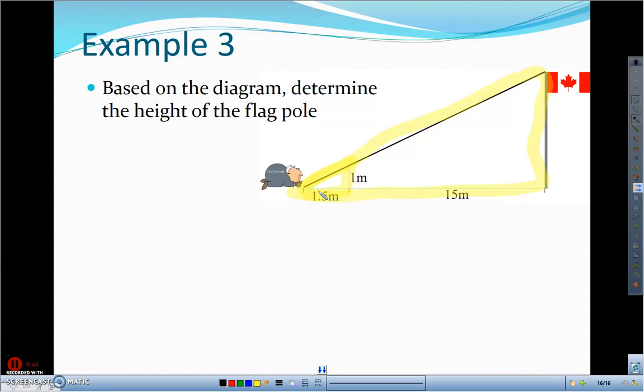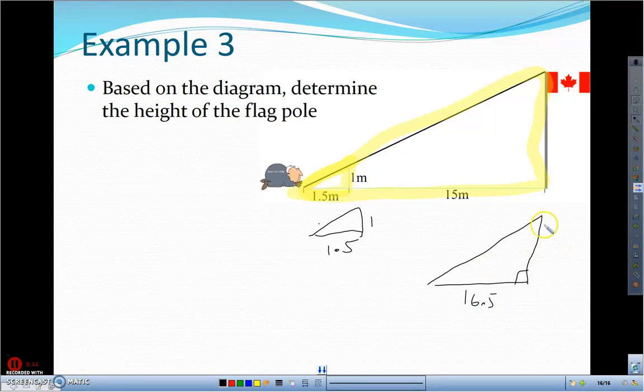I strongly recommend that you make two separate diagrams, because if you don't, you're going to make a mistake. 1.5 meters here, 1 meter here. Where are people going to make the mistake? On the big one, because this is not 15. It's 15 plus 1.5, which is 16.5.